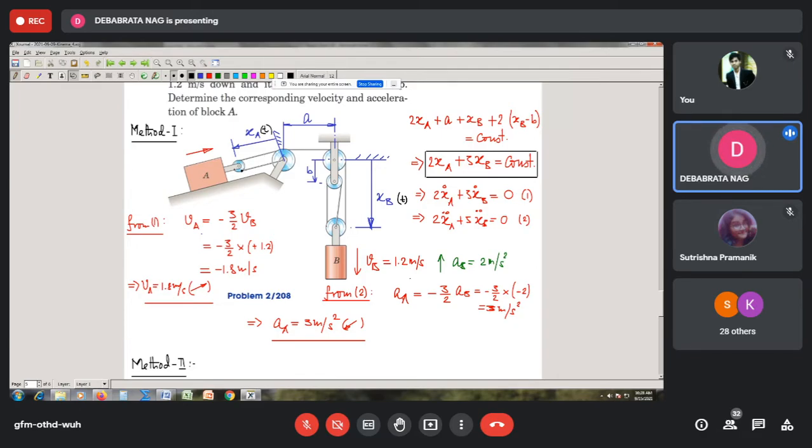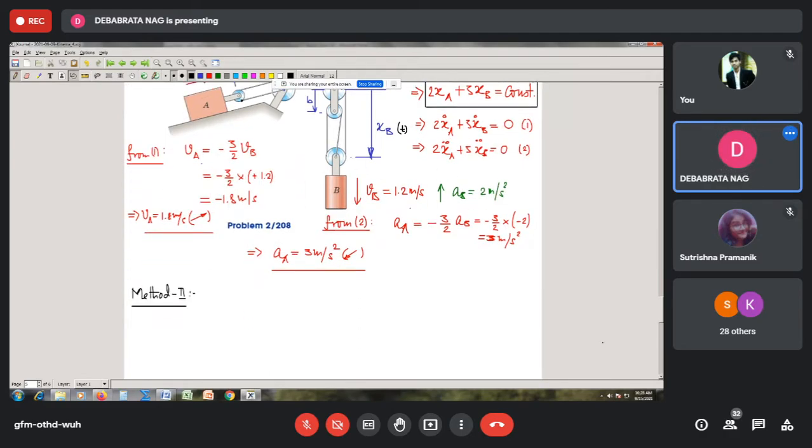Suppose I start with the first pulley. So let us take the first pulley here and start drawing its diagram. Say this is your first pulley.